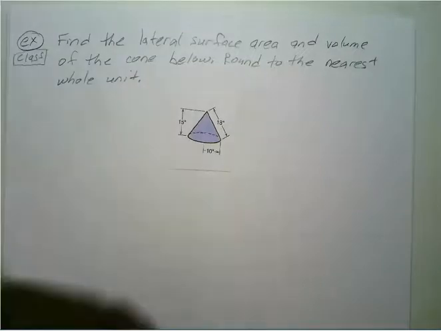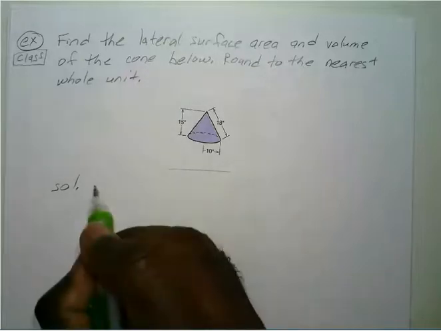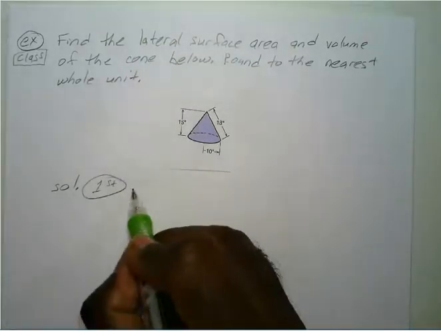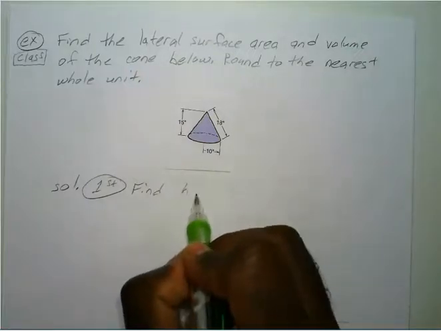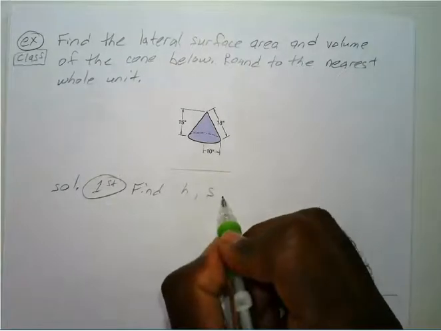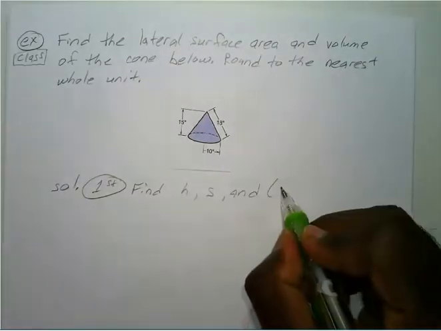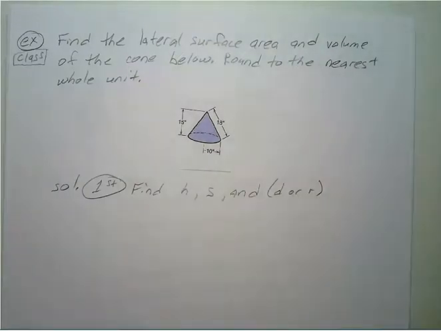All right, so I'm assuming you've pressed pause and already worked this one out. Let's go ahead and verify. The first thing you want to do is identify your altitude, your slant height, and either your diameter or radius, depending on which one the problem gives you.